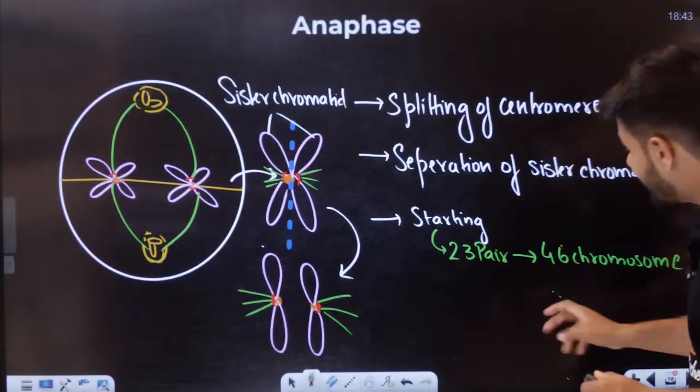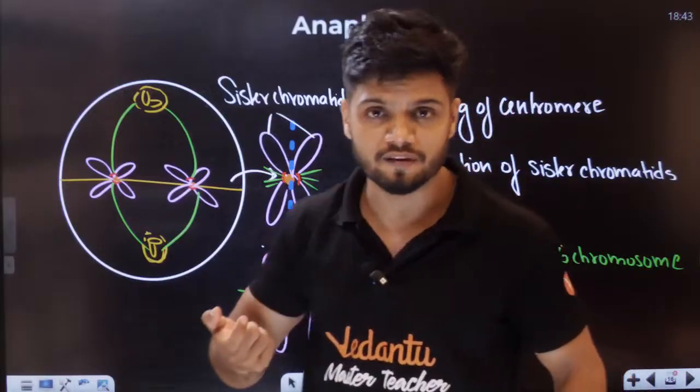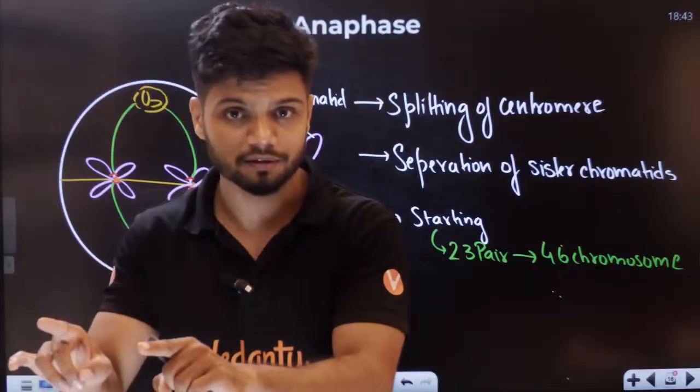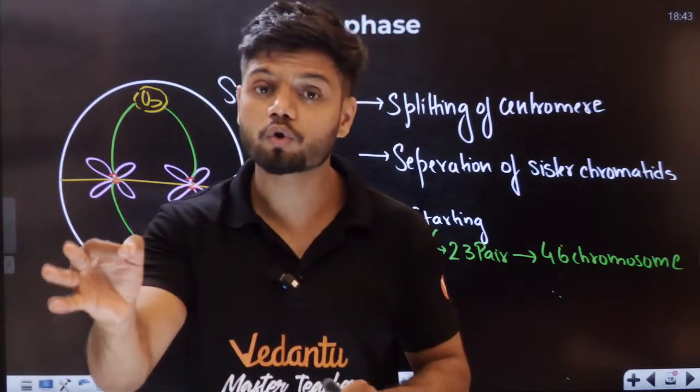Now, in this anaphase, what happens, students? In the case of anaphase, every single daughter chromatid will act like a daughter chromosome.